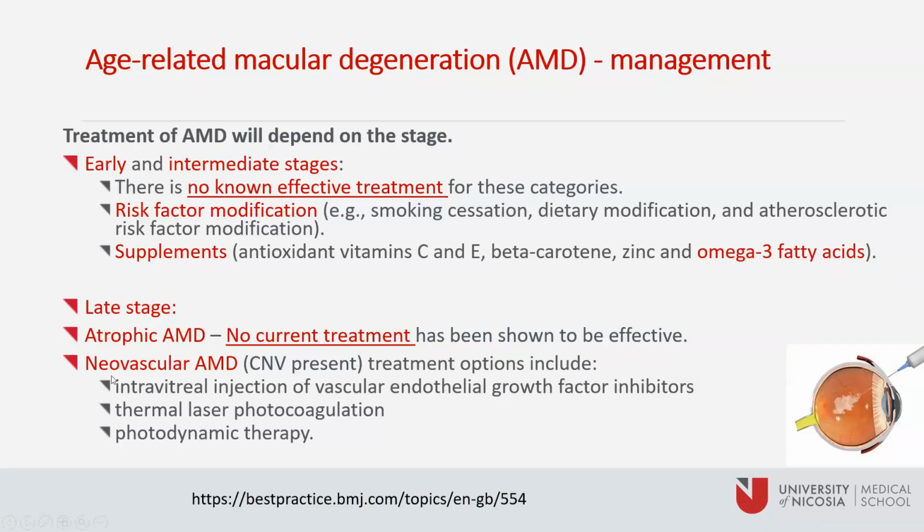So the first line treatment for this type of condition is the intravitreal injections of anti-VEGF drugs. So this is an injection straight into the eye. They can be quite painful and they're quite expensive also. And other options that can have an effect on the choroidal neovascularization relate to laser photocoagulation and photodynamic therapy.